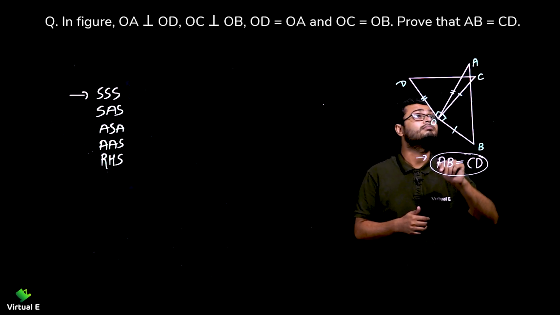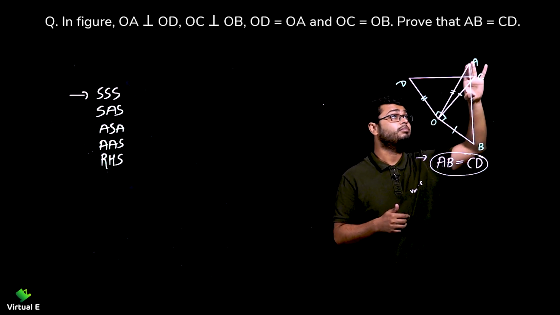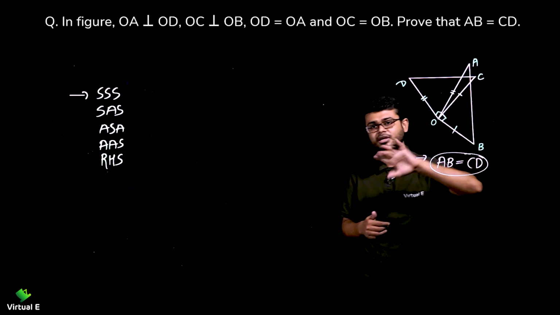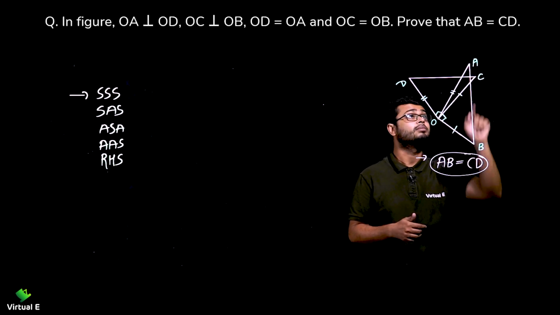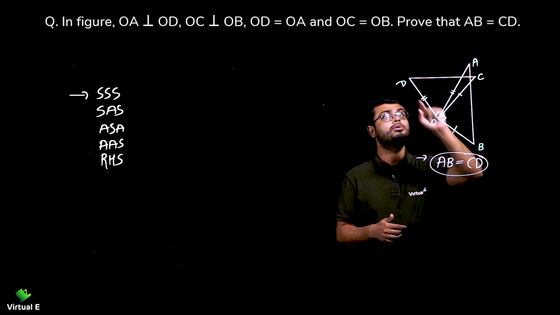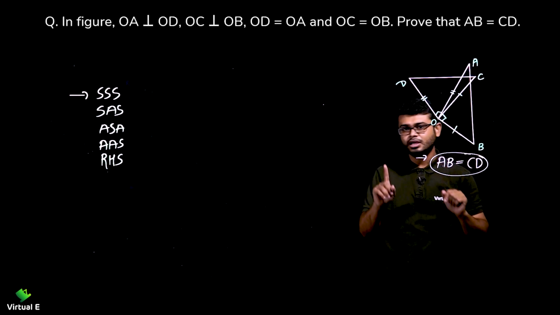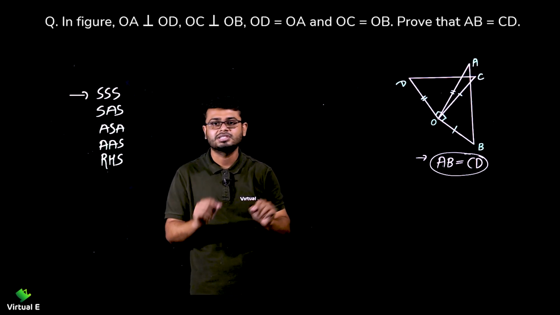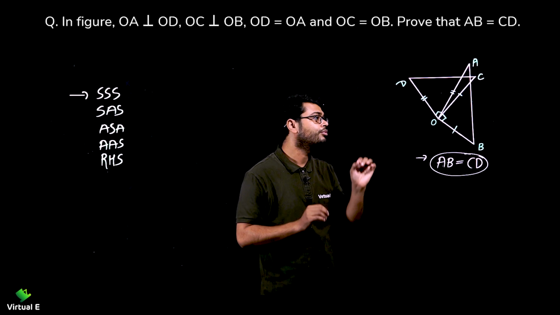So AB belongs to which triangle? AB belongs to triangle OAB, I hope, right? And CD belongs to triangle ODC. Clear? First of all, identify which two triangles we are supposed to prove congruent.